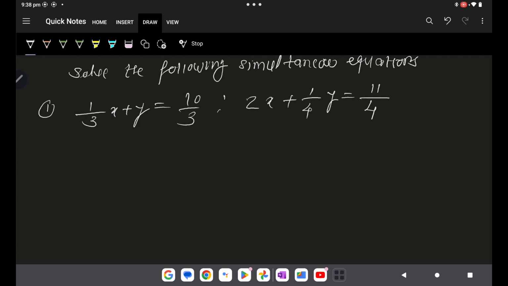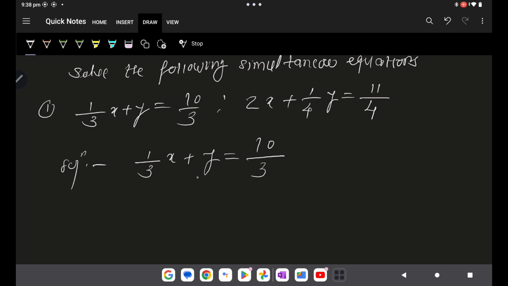First, the first equation is 1 by 3x plus y is equal to 10 by 3. Then we add the left hand side.